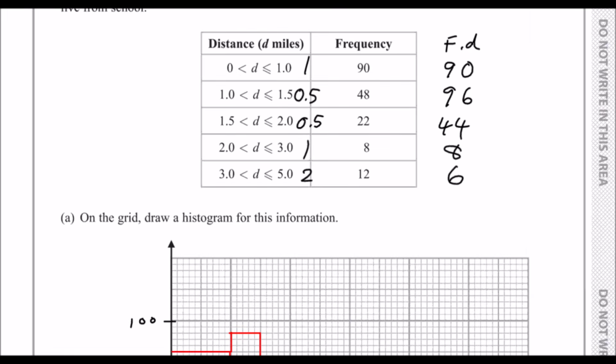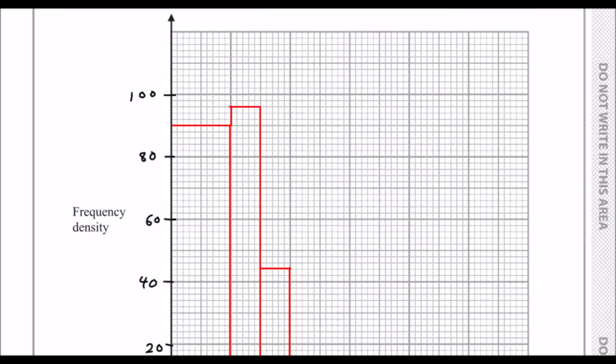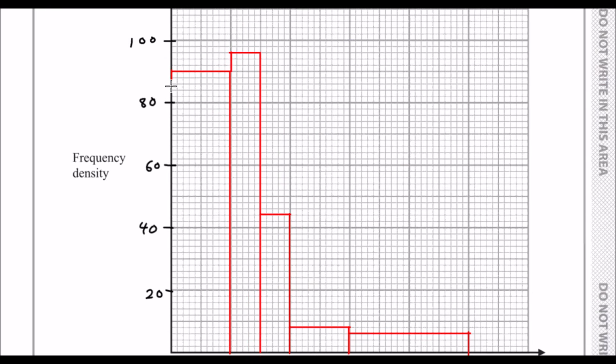And 3 to 5 goes up to 6. So there is our histogram.